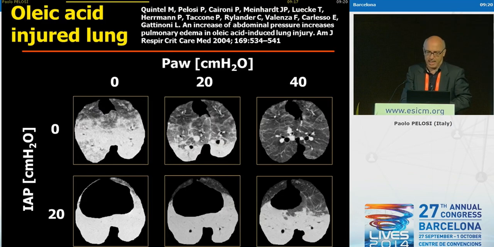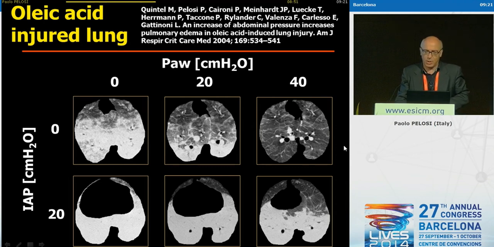So intra-abdominal pressure per se, especially when it's higher than 20 millimeters of mercury, is associated with lung injury per se. And this is a study we performed some years ago with Michael Quintel, showing here animals after oleic acid at two different levels of intra-abdominal pressure and different pressures in the airways. And you see that when we apply the same airway pressures, as I showed you in the slide before, we have a completely different effect on the lung structure.